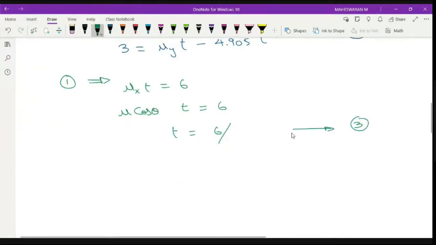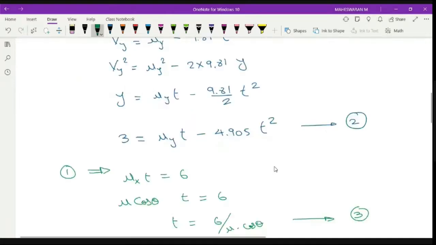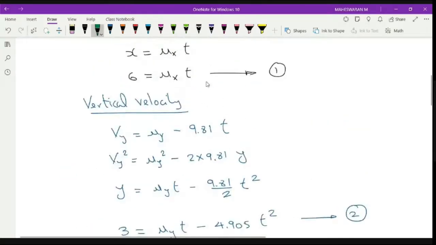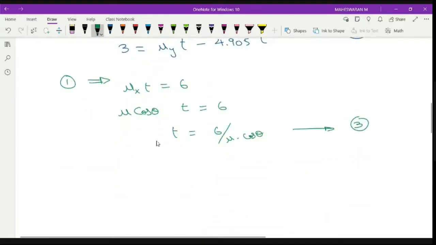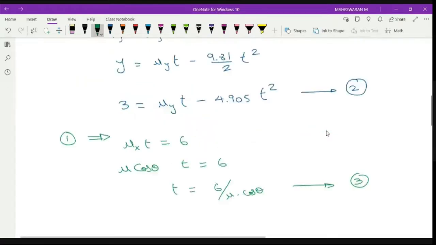So I will call this 6 by u cos theta. From equation 1, I just substitute the value. So u_x is u cos theta, and I identify the value in terms of t.